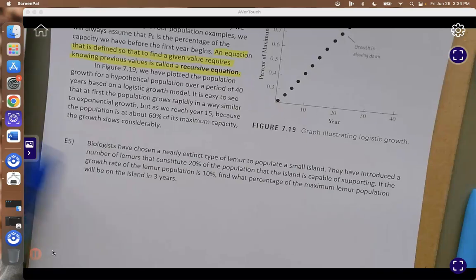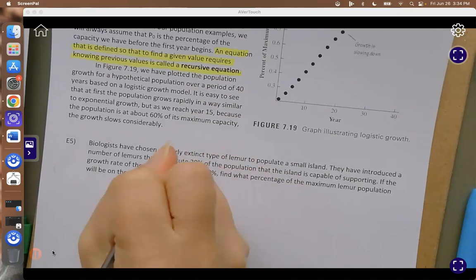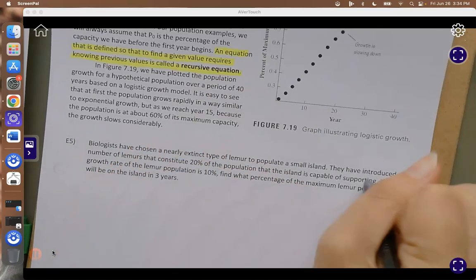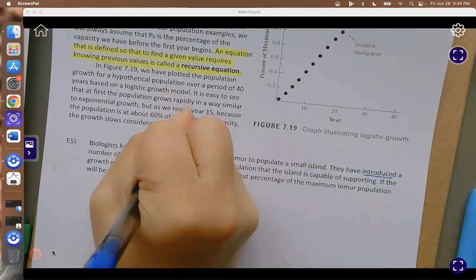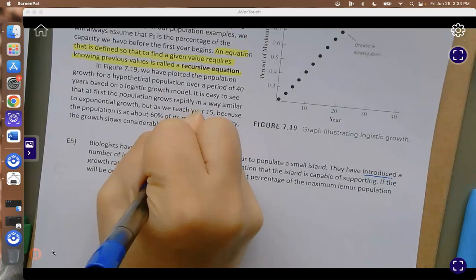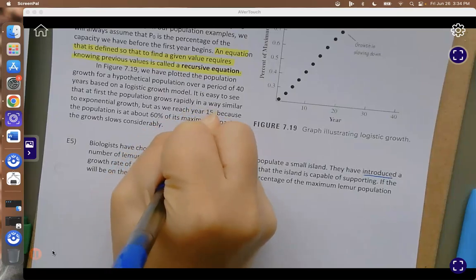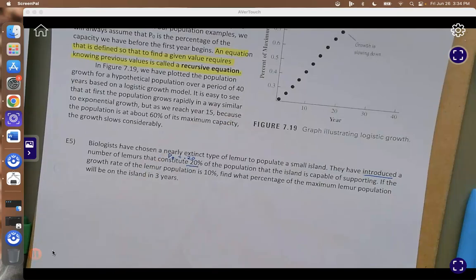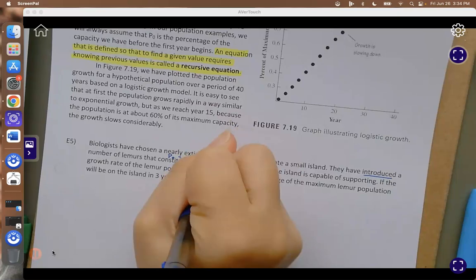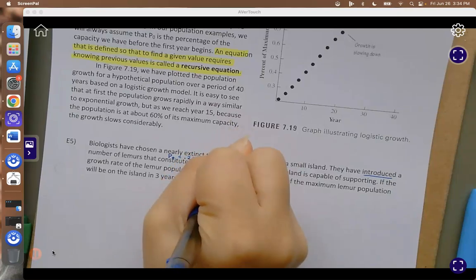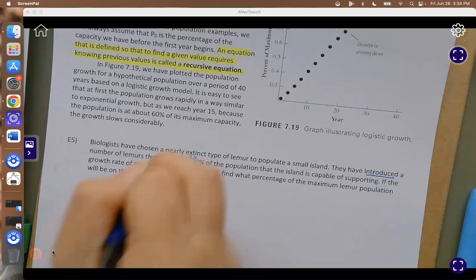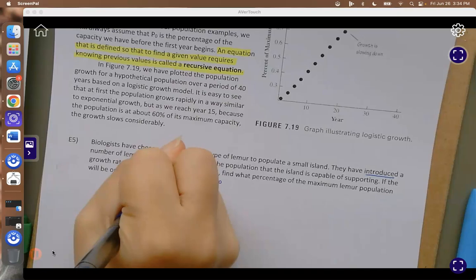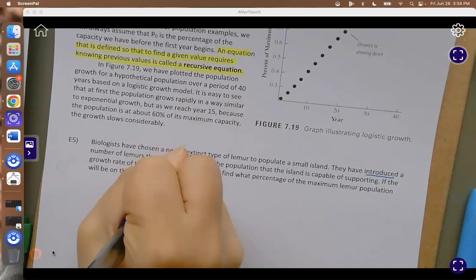Okay, so let's just note right here, they have introduced 20%. So this means that the original amount, P of 0, is 0.20. Okay, if the growth rate of the lemur population is 10%, this means that R is 0.10, find what percentage of the maximum lemur population will be on the island in 3 years.